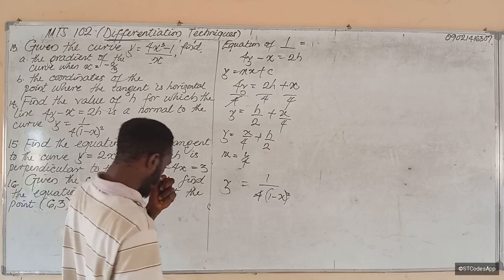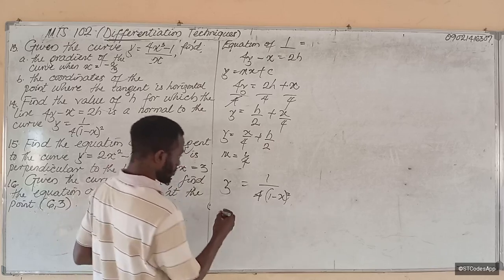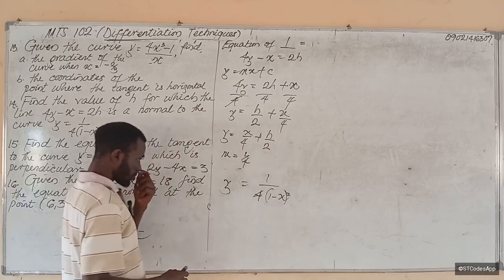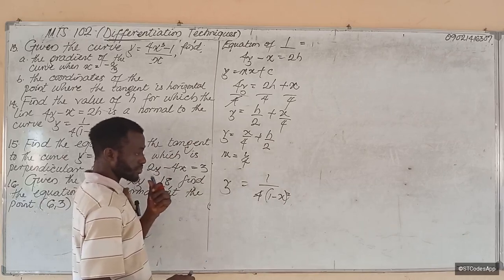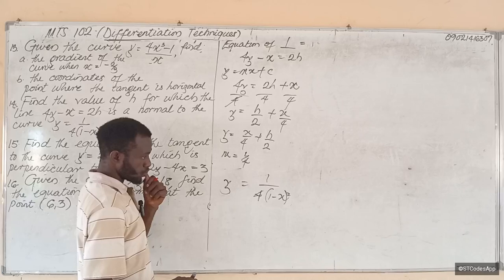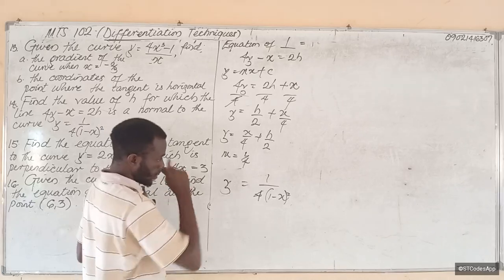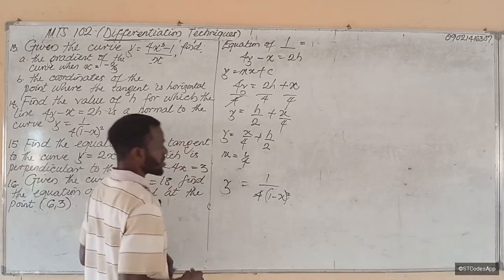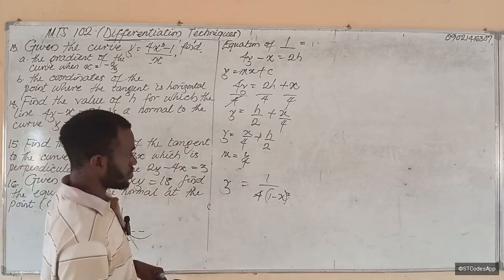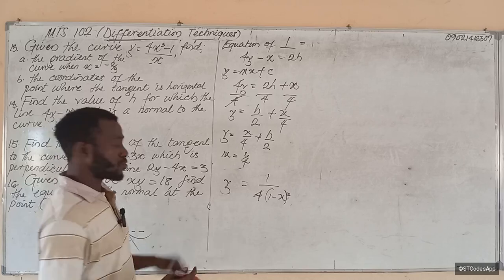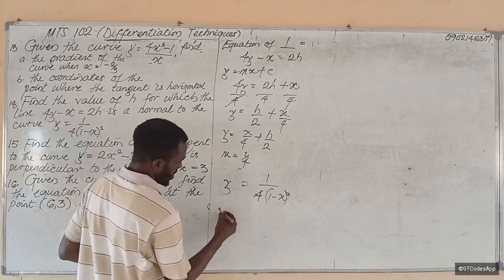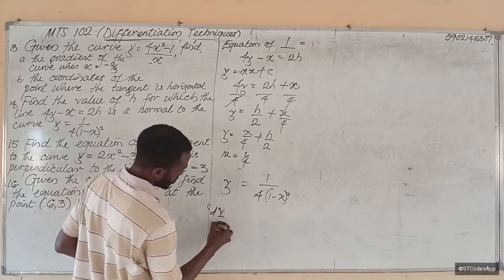By the time you differentiate this, you use the quotient rule. So we have dy dx.